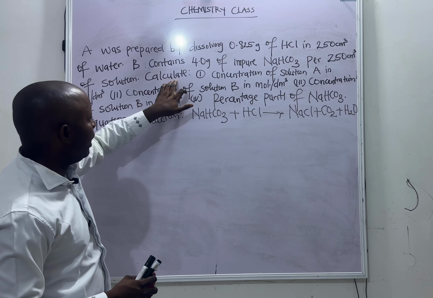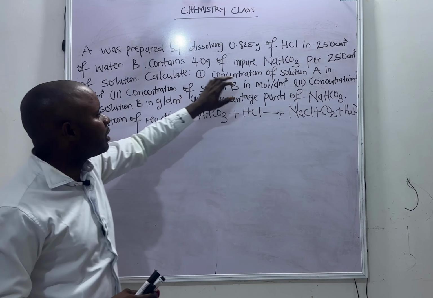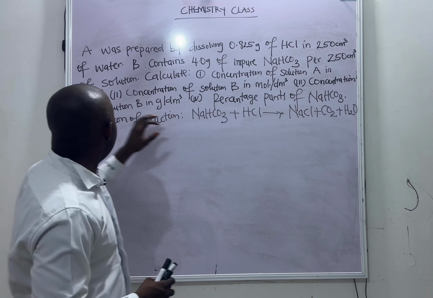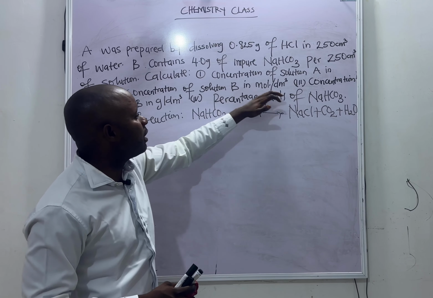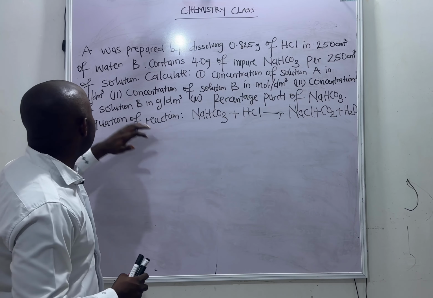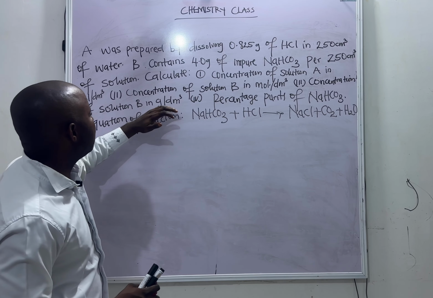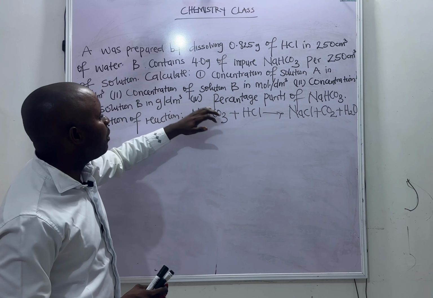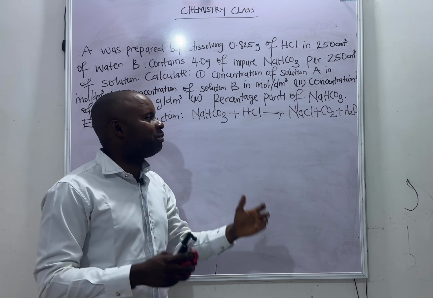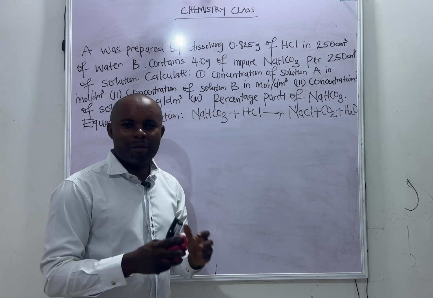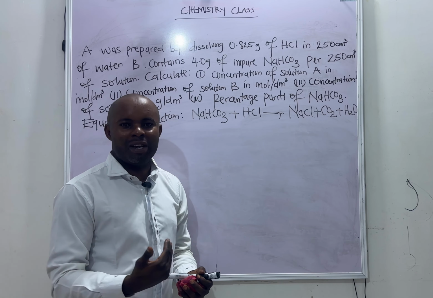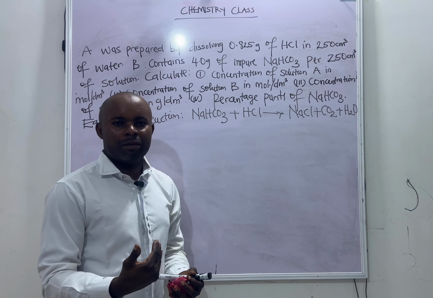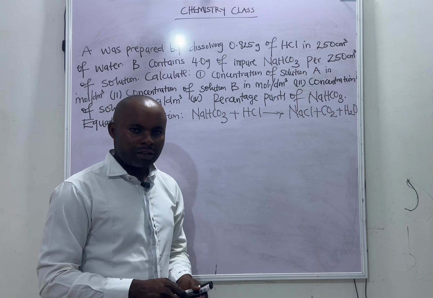Calculate: one, concentration of solution A in mole per dm cube; two, concentration of solution B in mole per dm cube; three, concentration of solution B in gram per dm cube; four, we're asked to calculate the percentage purity of sodium hydrogen trioxocarbonate. So most of these parameters we are asked to calculate, we were able to solve these problems during our practice questions.